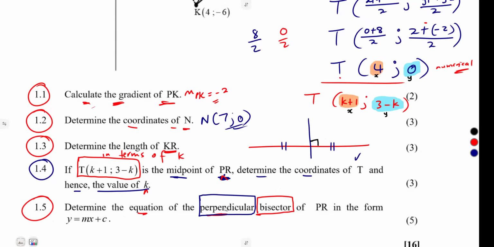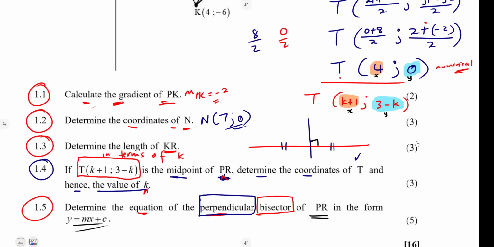That's the special property of this perpendicular bisector. The perpendicular bisector of PR, in the gradient-intercept format of a straight line, all right?